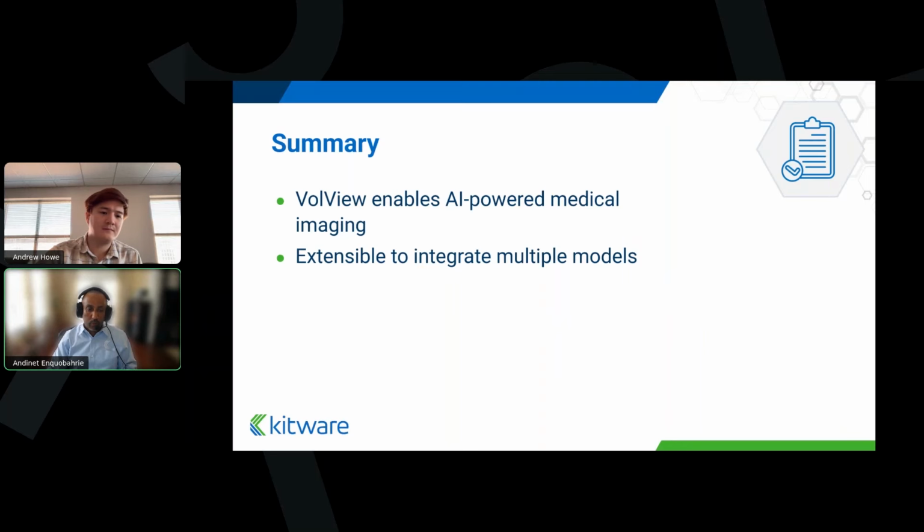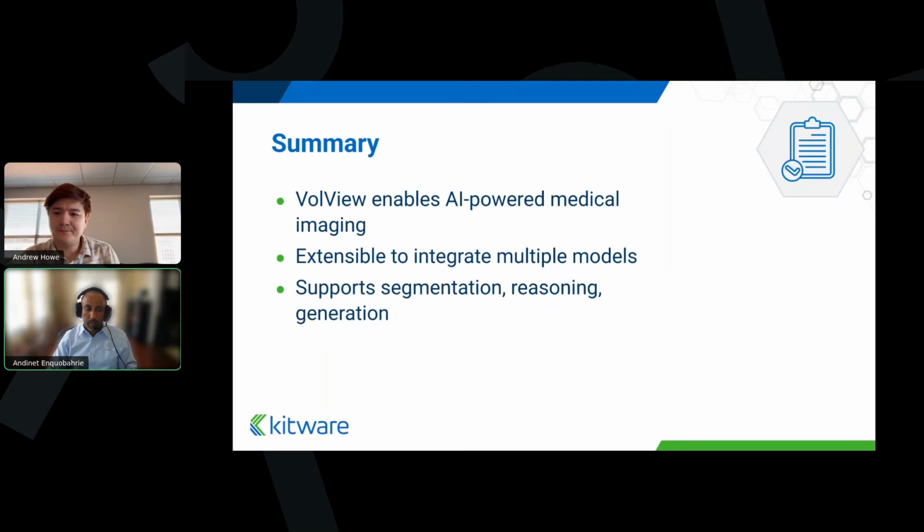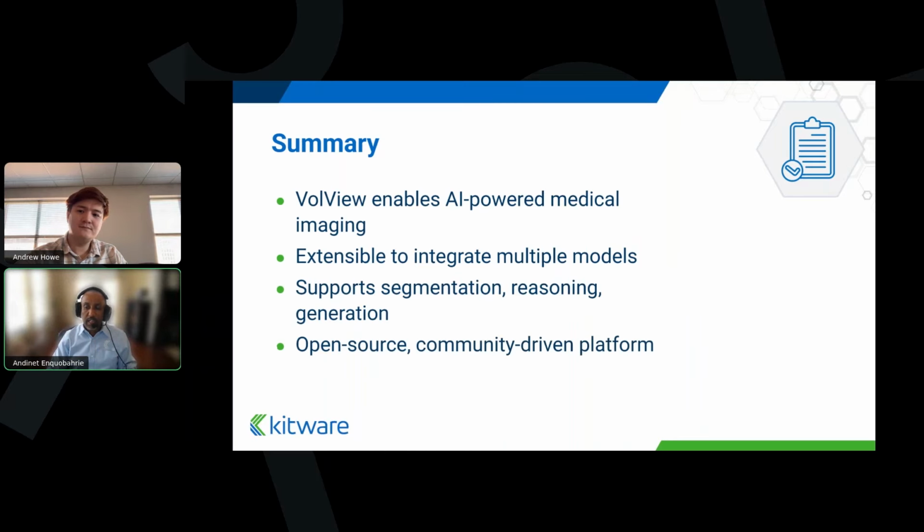You can use it for your research and your product development, and it supports, as we just showed, segmentation, reasoning, conversational AI, and also generating new images. The great thing is it's open source. Anybody can access it. I will give you some links and contact information, so you'll be able to check it out, use it in your project, and customize it as well.